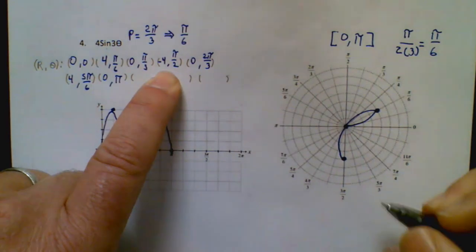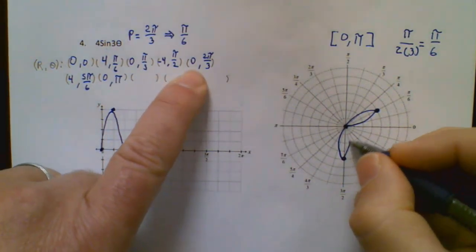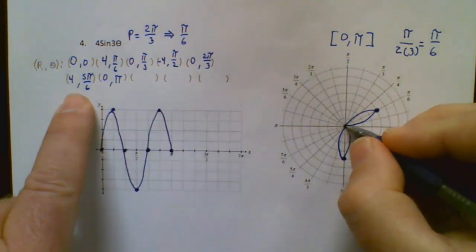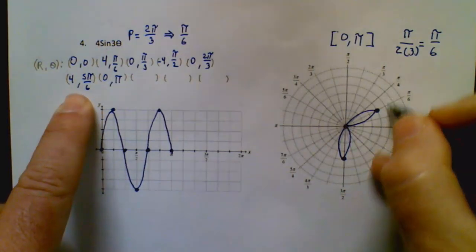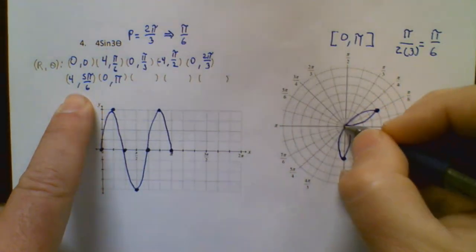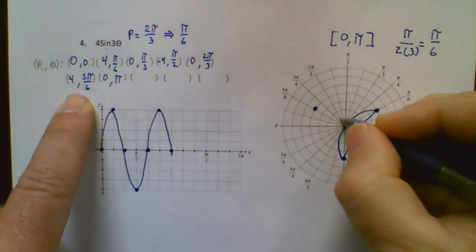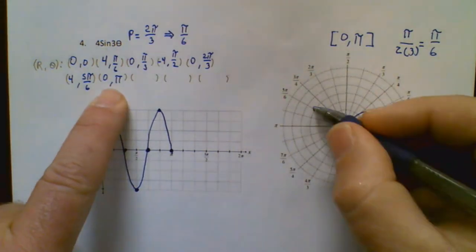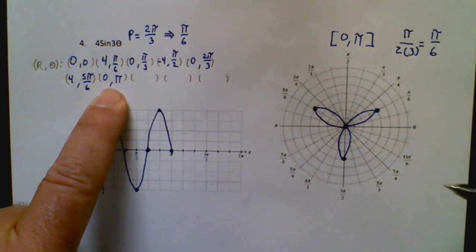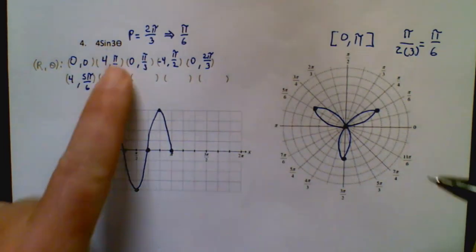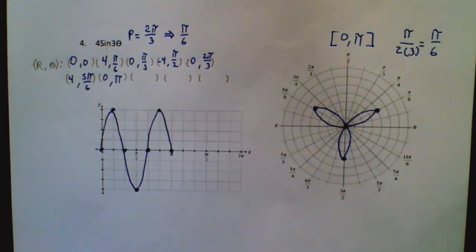That was the next portion of the graph, back to 0, 4, 5 pi over 6, 1, 2, 3, 4. And that's the next portion of the graph, back to 0. And again, you see why I only have to go to pi when it's odd, and I'm still getting the entire graph.